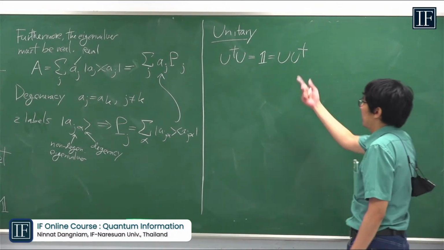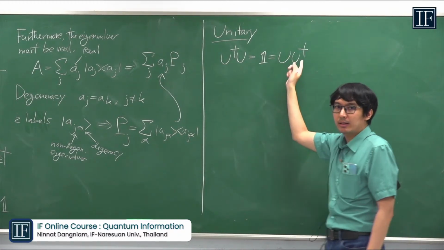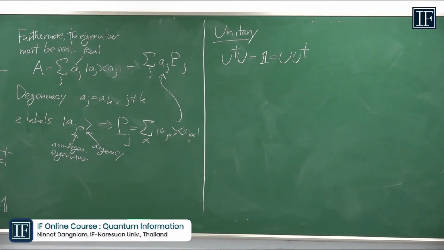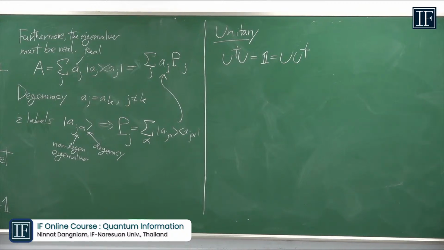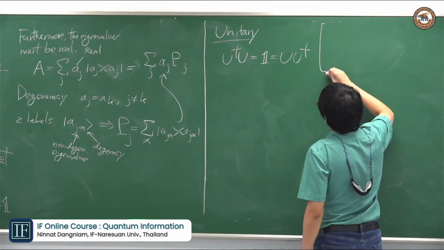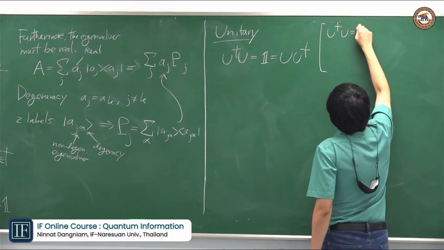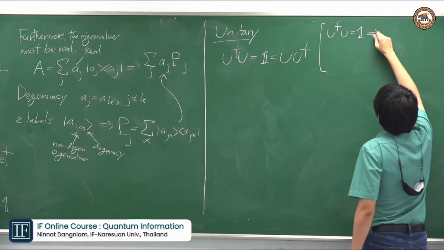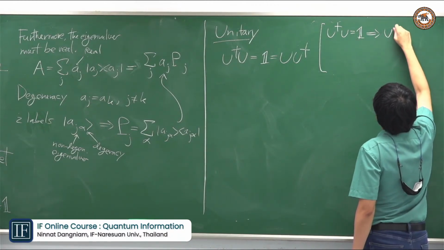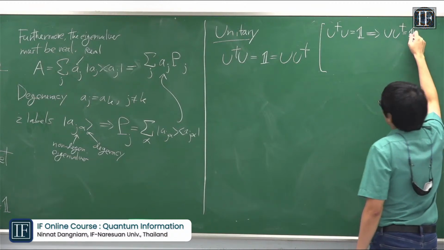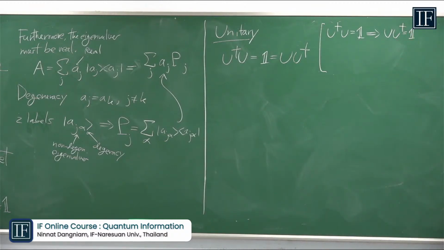And it has to be both the left and right inverse. But for finite dimension, either way would also imply the other way, and so you just have to prove one thing. This is not true in infinite dimension.